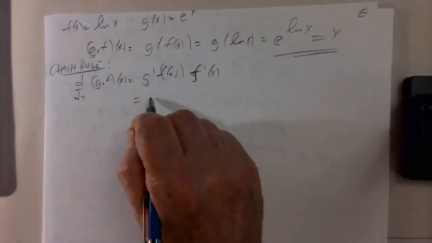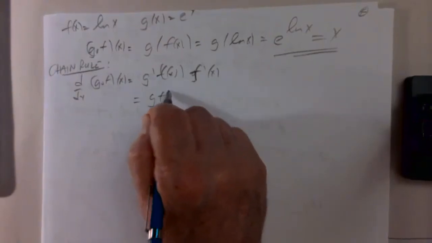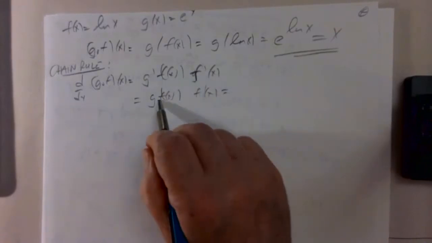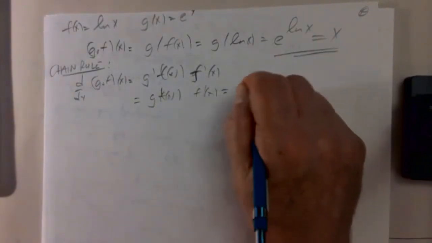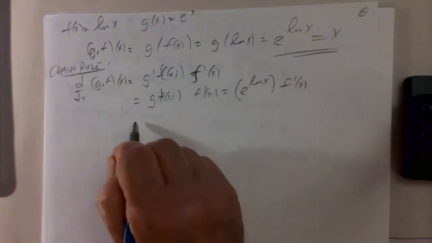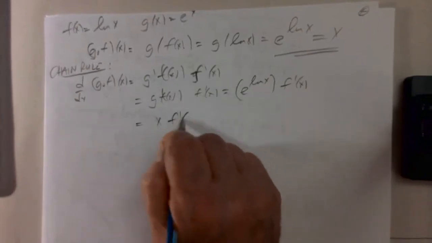So this is g of f of x times f prime of x. This means e to the log x times f prime of x, which is equal to x times f prime of x.